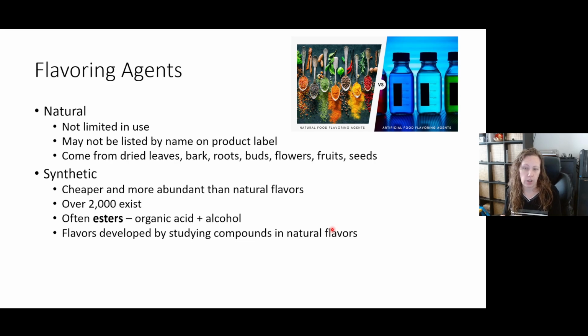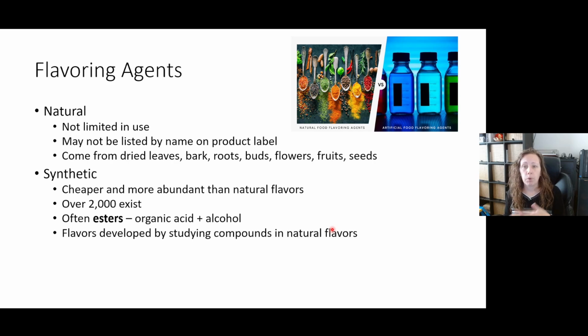And then they try to produce a substance that mimics that compound, and our taste buds, well, really more our olfactory senses, when that substance hits those nerve endings, it detects it as that flavor. Okay, so they're trying to mimic the natural flavor compounds.